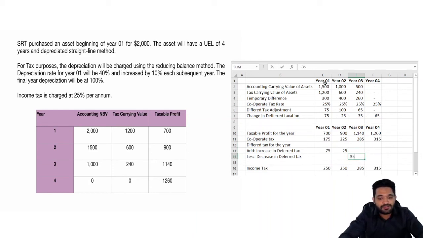So I'll reduce 35 and I'll reduce 65. So you see your income tax is going to be 250 throughout the 4 years. So we have eliminated the temporary difference.